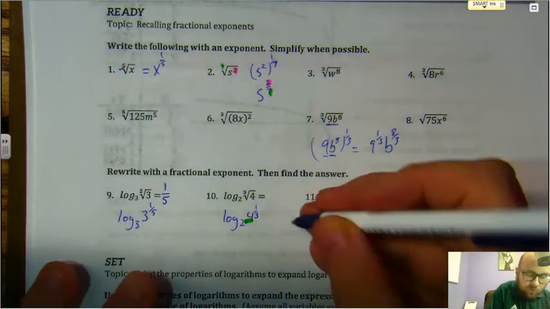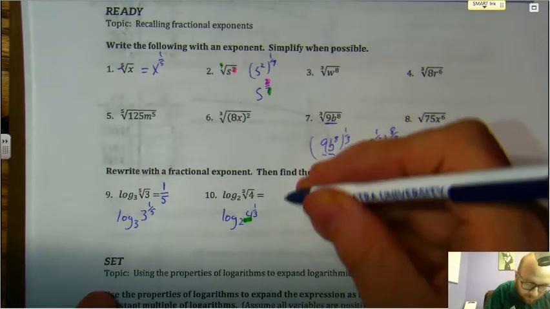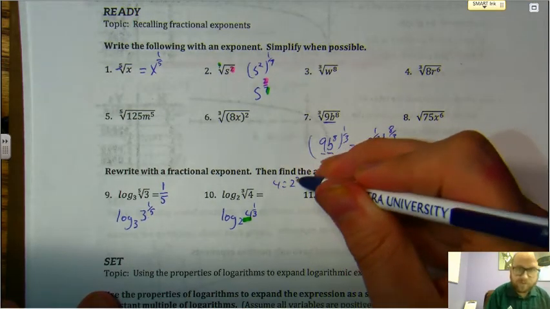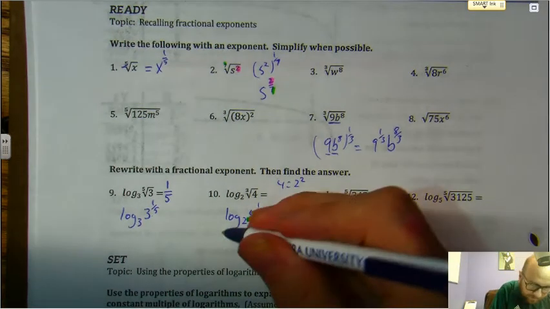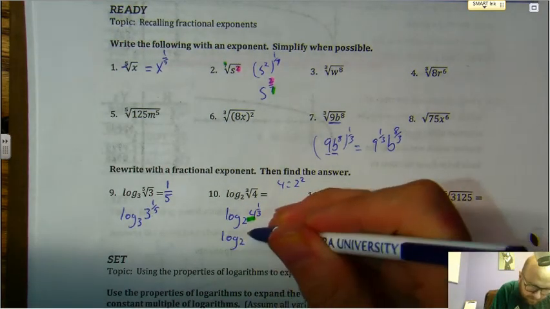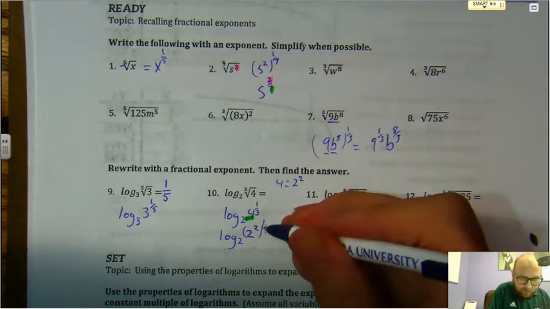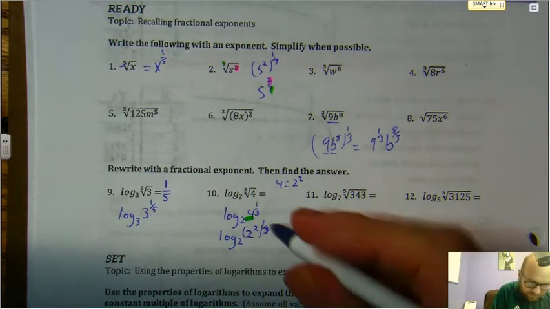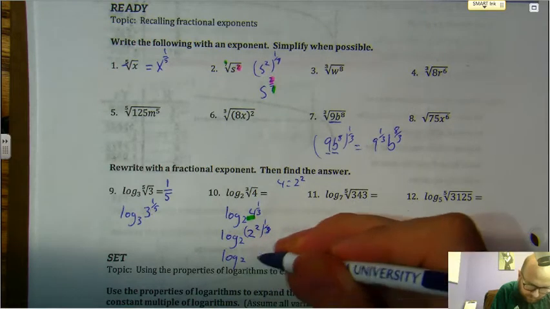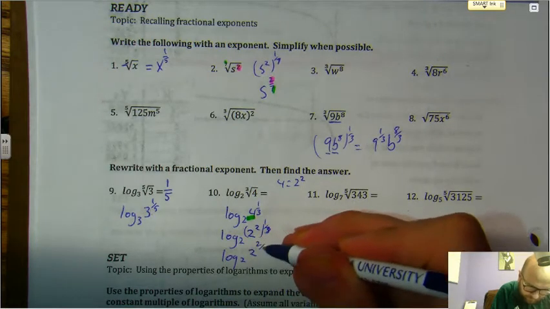Because we could easily write 4 as 2 squared, 2 times 2. So if I write this as log base 2 of 2 squared to the 1/3, well, I'm getting closer now, because this is going to be the same as log base 2 of 2 to the 2/3.